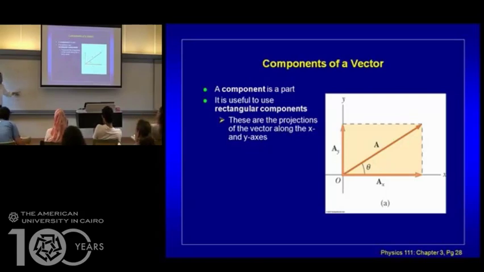So I means x, j means y, k means z, if it's 3D. And vector B, can we do the same thing? It's 7i plus 4j plus 0k. Can we add them? 12i plus 6j plus 0k.